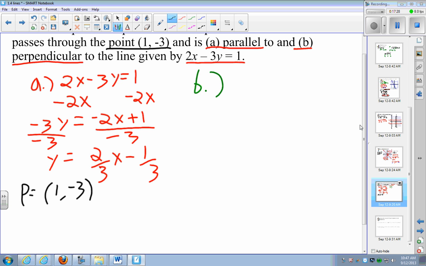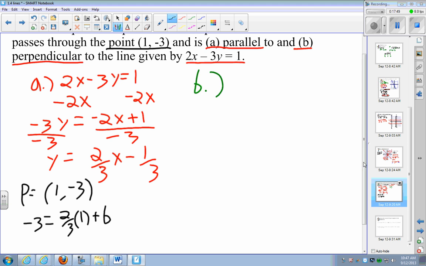And so we'll write negative 3 in for y. Negative 3 is equal to 2/3. Remember, our slope isn't going to change. Times x, which in this case is 1, plus b.